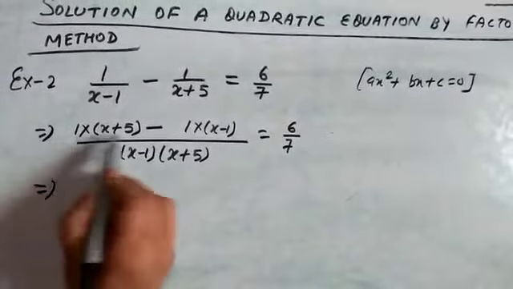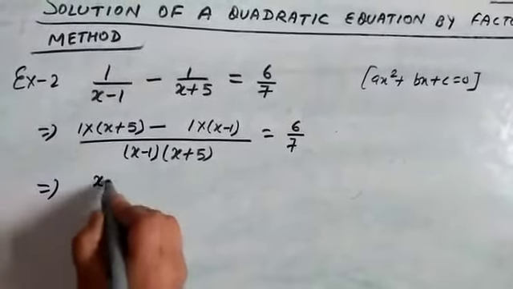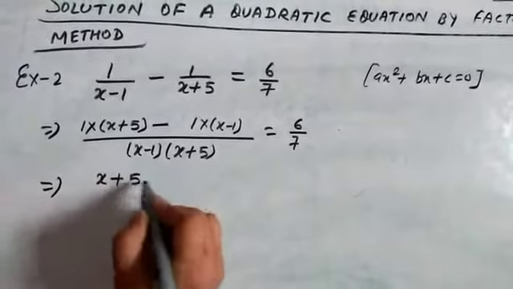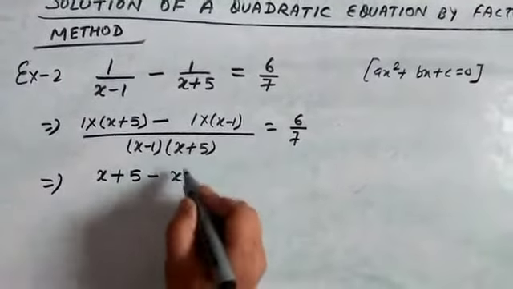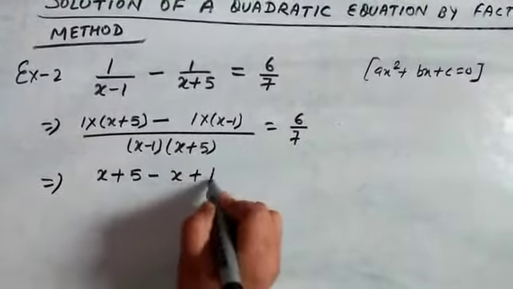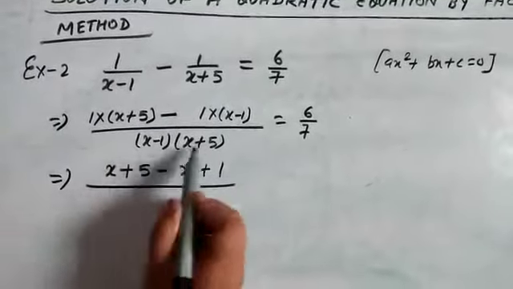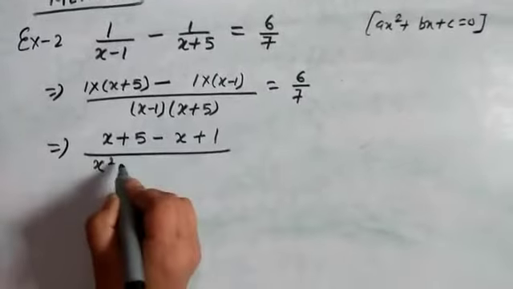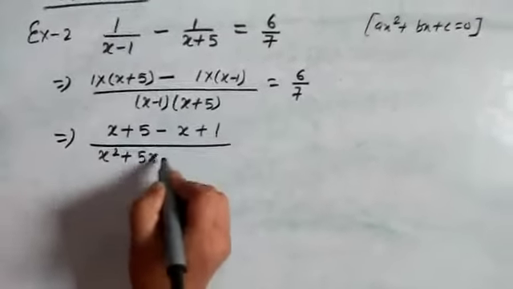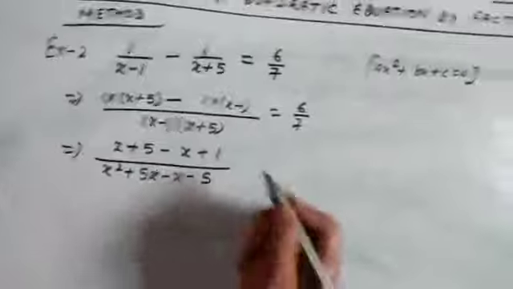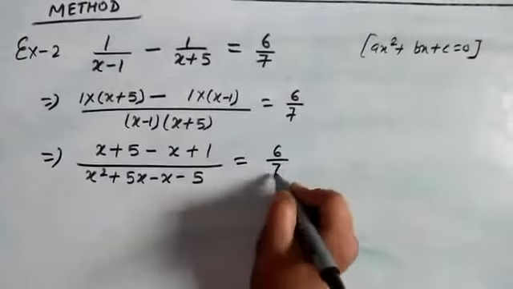Now open the bracket: 1 into x, x, plus 1 into 5, 5, minus 1 into x, x, plus 1. Now multiply these two also. So x square plus 5x minus x minus 5 equals to 6 by 7.